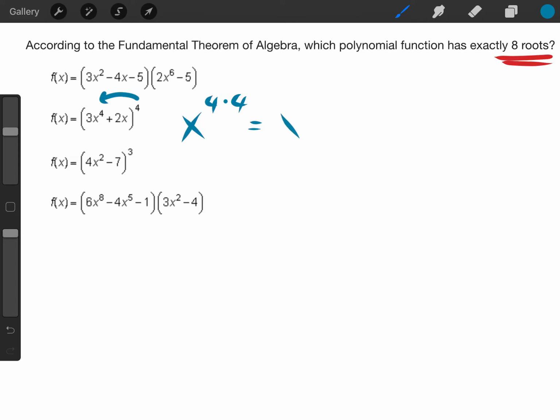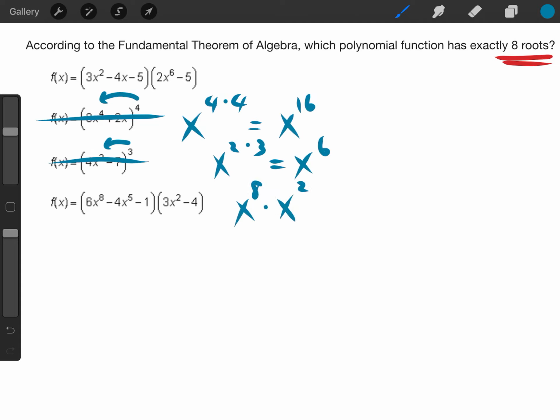So for this one, it's going to be x to the 16th power. Okay, wrong. So this one distributes to 2, so x squared times 3, so that's going to be x to the 6th power, so that's going to be 6 roots, wrong. For this one, you have x to the 8th power times x squared, which is going to give you x to the 10th power, so that's going to give you 10 roots, wrong.